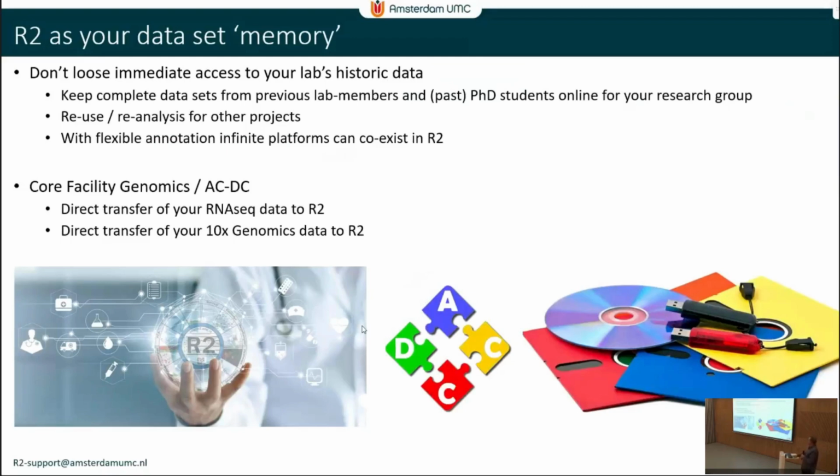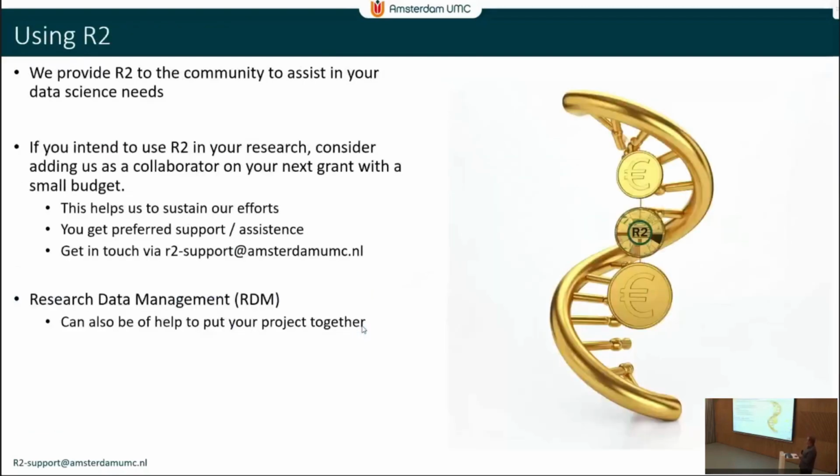And then using R2, essentially everything that we are doing, we are just providing to the community. So in most cases, that means that people make free use of all the things that we are doing. But as you may appreciate, there's also a team of people behind the scenes that is actually working on this.